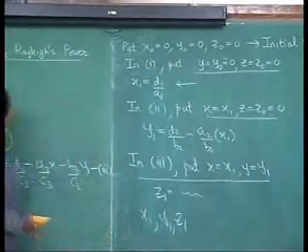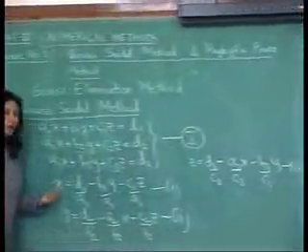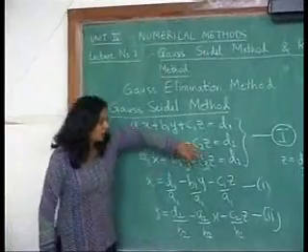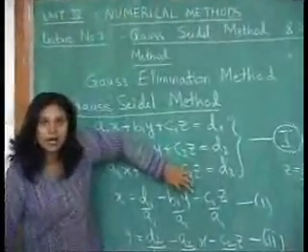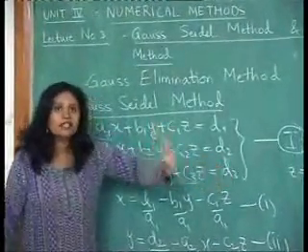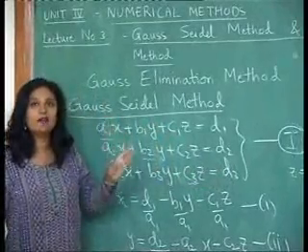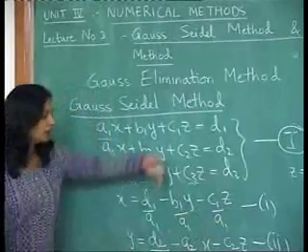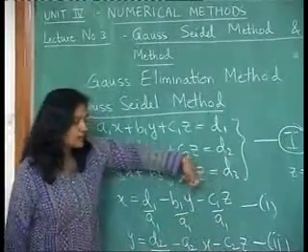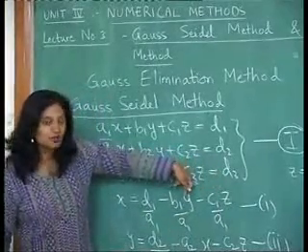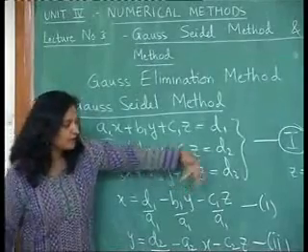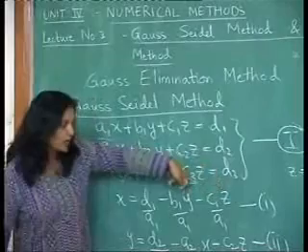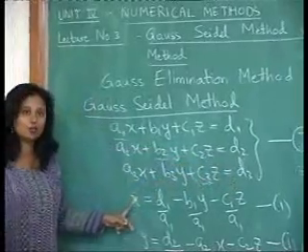Next, I will again go back to equation 1. Look at the terms on the right hand side. On the right hand side, I have only y and z. Always make use of the latest available values of the unknowns on the right hand side. The latest available values of y and z are y1 and z1. So I will put the values of y1 and z1 in this equation and get x2.